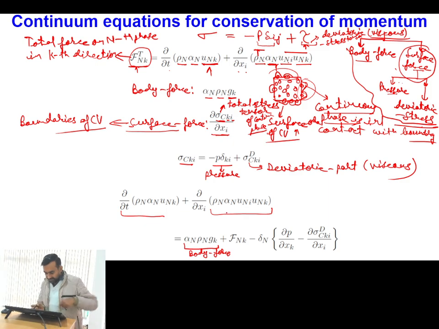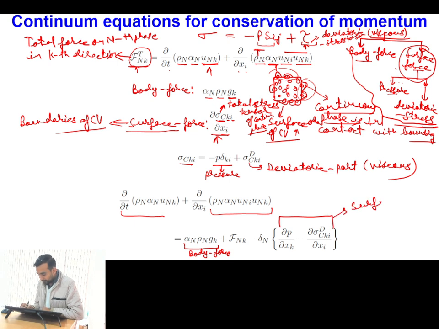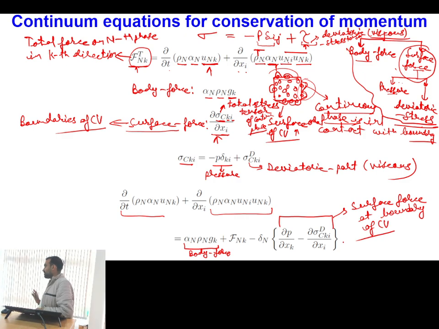The second term, if I do the substitution of this p delta ki into sigma c ki in this stress tensor term, I will get del p by del xk minus del sigma c ki d divided by del xi. So this force is the surface force at the boundary of the control volume. All are clear with this point?